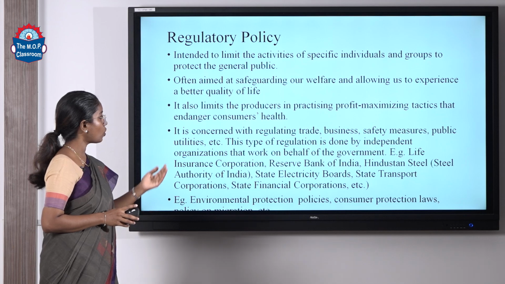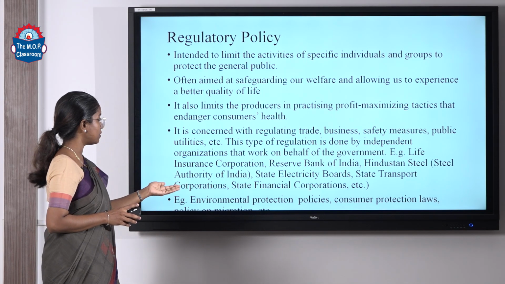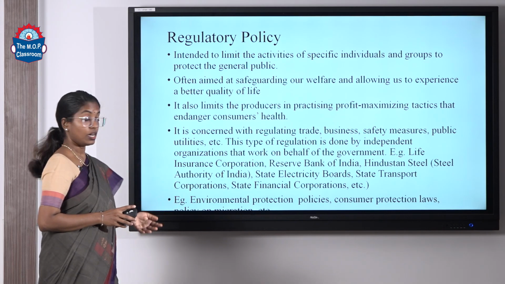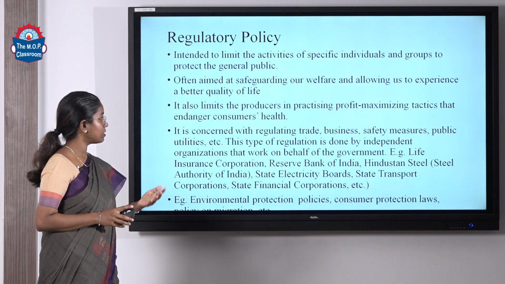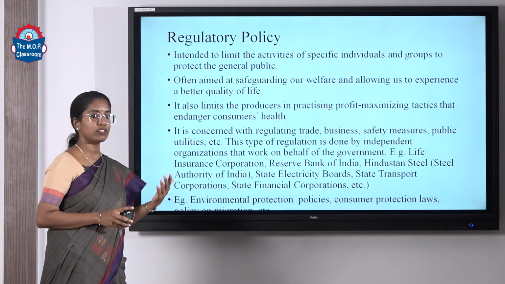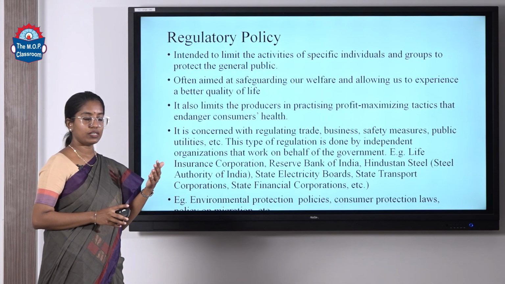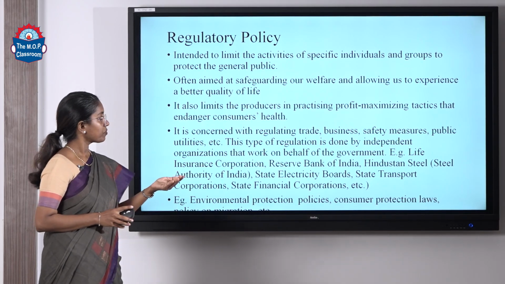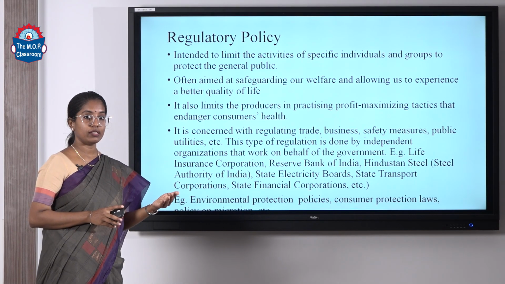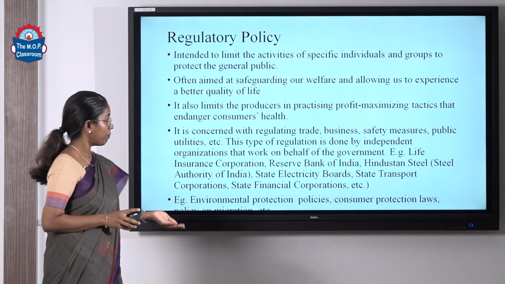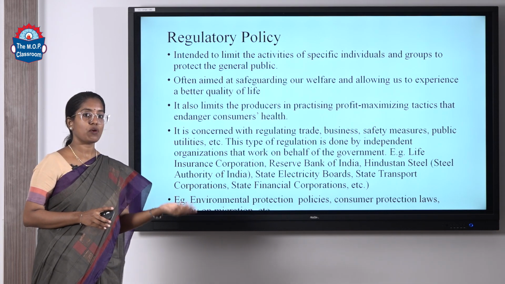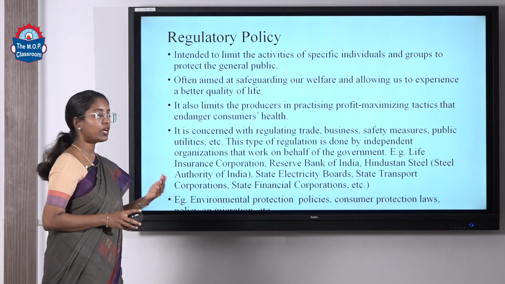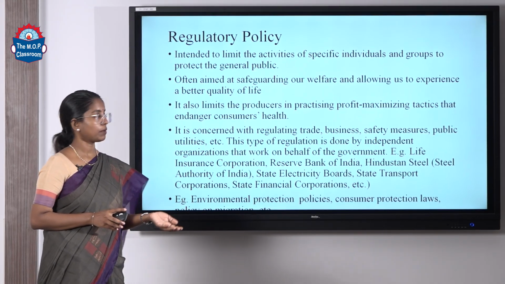Of course, those who bear the cost here are those who are doing illegal activities and the kinds of businesses that endanger security and the consumer's health. So those people will be the ones who bear the cost. But who benefits from this public policy? It is the entire population, the entire welfare of the public or the society.